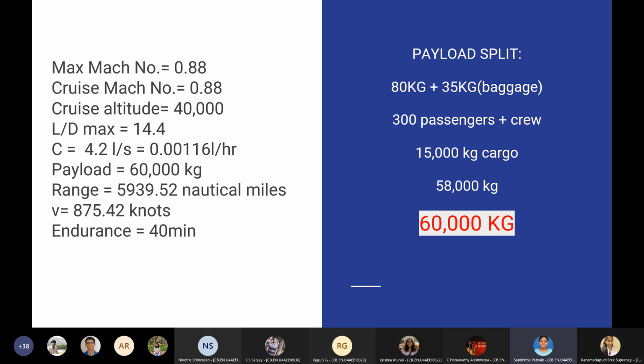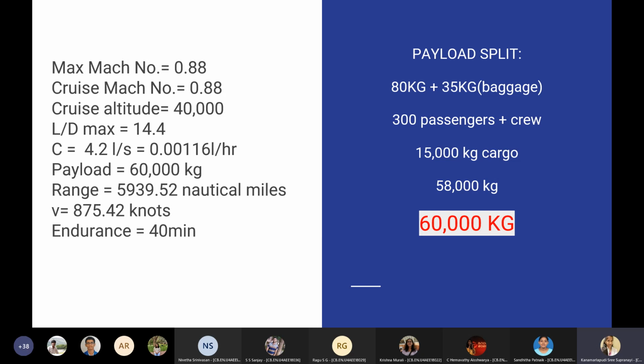Sir asked, how is the payload calculated for this aircraft? Our capacity is given to be 300 passengers. We assumed 80 kgs average weight and 35 kgs baggage for each person, and we multiplied it by 300, and we assumed 10 members of crew, and 15,000 kgs of weight we allotted for the cargo for the sake of revenue.